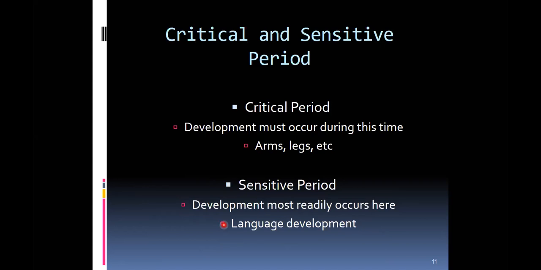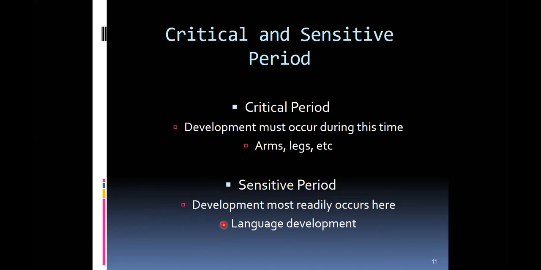So at what point in time does people's language development occur most readily? If you guessed the first couple years of life, yeah. In fact, people don't even really have to be taught language to any extent in those first couple years. If they're exposed to it, they just kind of seem to pick it up.